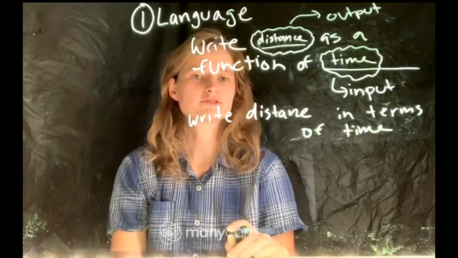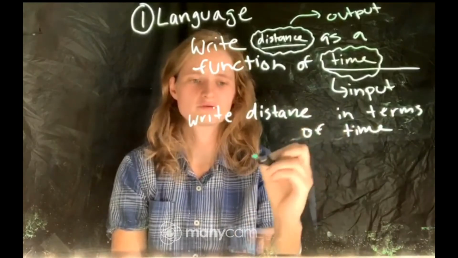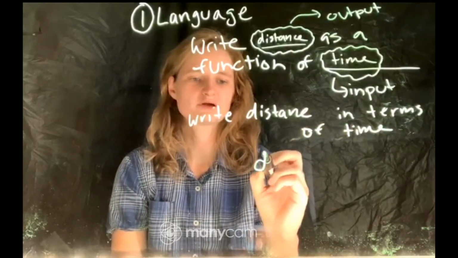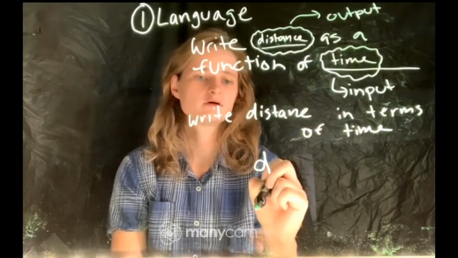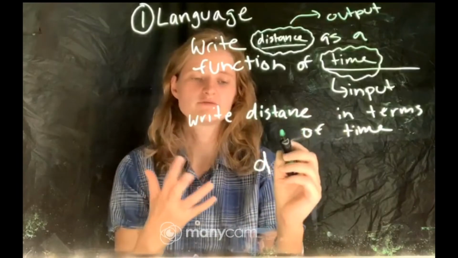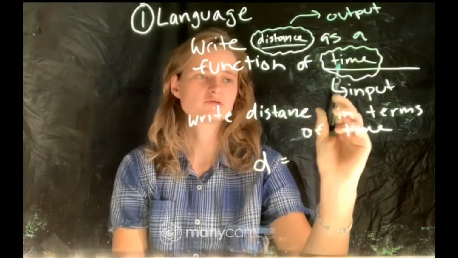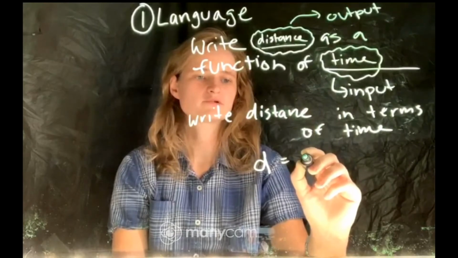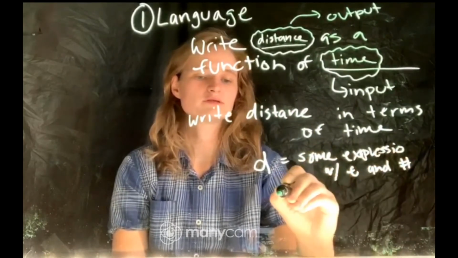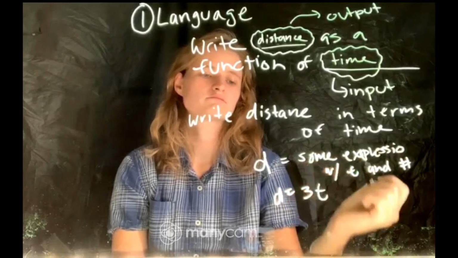But basically, when you see these, you'll then want to create an equation where you have distance, or the output, so let's call that d, on the left-hand side, and it's isolated. It could be on the right-hand side. It's just the variable that is isolated, equals, and then some expression with t and other numbers. So maybe d equals 3t.